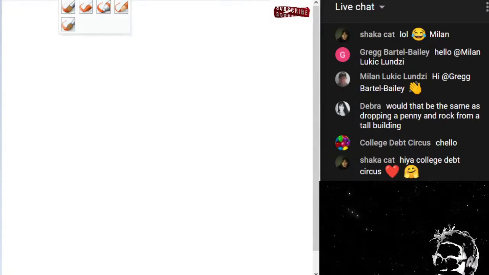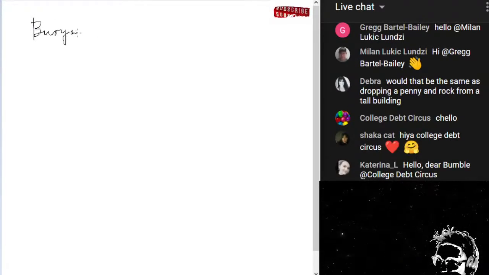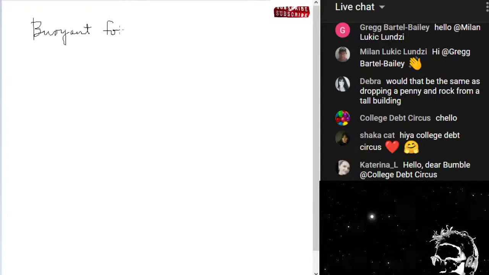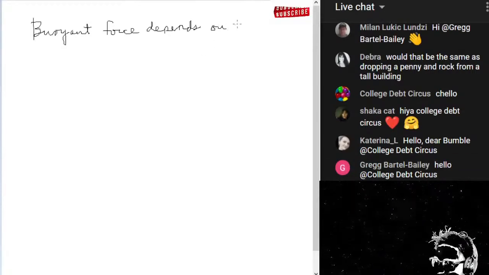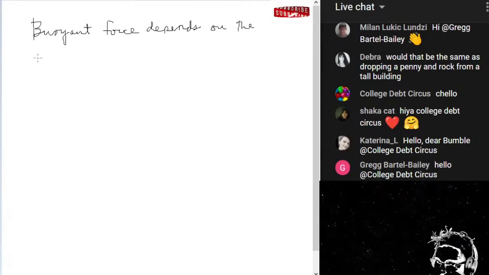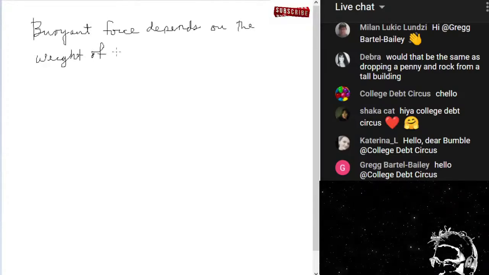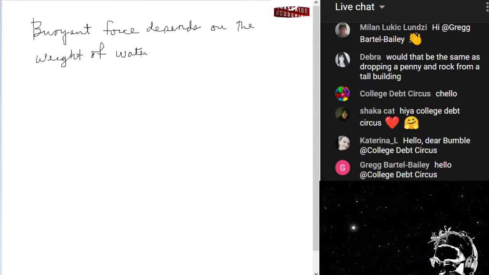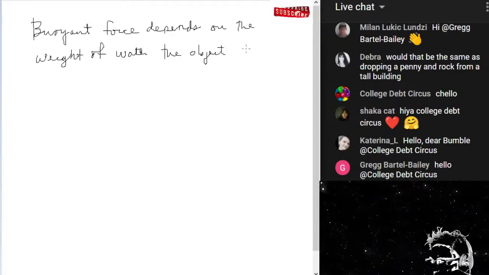So a buoyant force, get my pen. Buoyant force depends on the weight of water the object displaces.